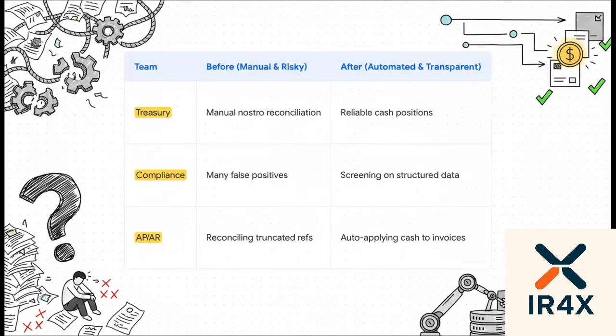What this really all means is we're seeing this fundamental shift for every single team. We are moving from a world of manual, risky work to one of automation and total transparency. So for Treasury, that means reliable cash positions they can actually trust. For compliance, fewer false positives. And for AP and AR, it means cash is applied to invoices automatically, which is pretty much the holy grail of cash application.